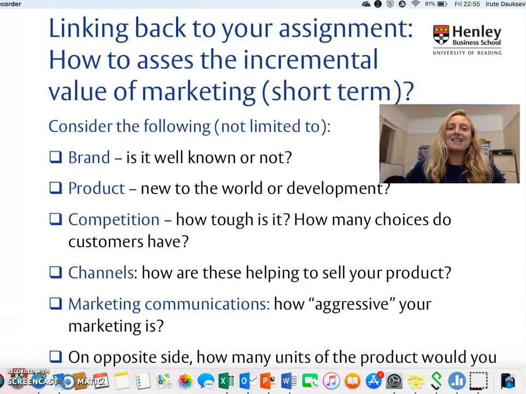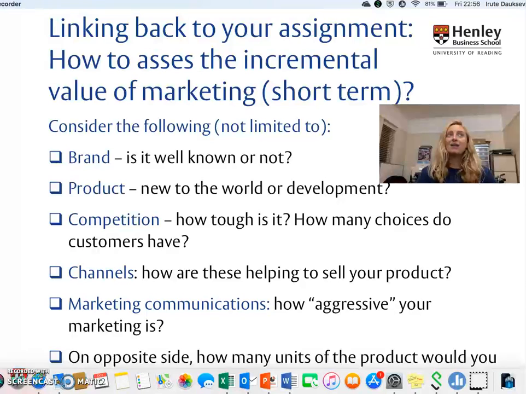So how do you assess the incremental value of marketing? Consider the following, but don't be limited to those. Consider other things that come to your mind and that would make sense. Brand, is it well known or not? Because if you are not a well-known brand and you want to sell something, would that be harder? Probably it would. Look how many startups are struggling to even get the message out there about the products that they're making.